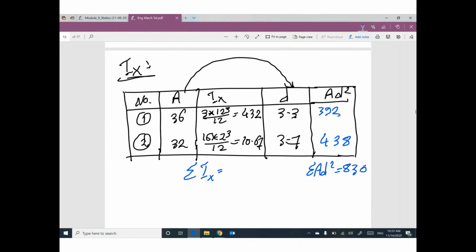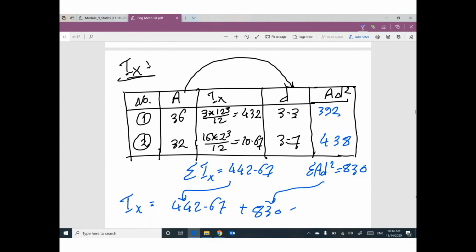This one will be 432 plus 442.67. So the final value for Ix will be this value plus this value. The final value will be 1272.67 inch to power 4.